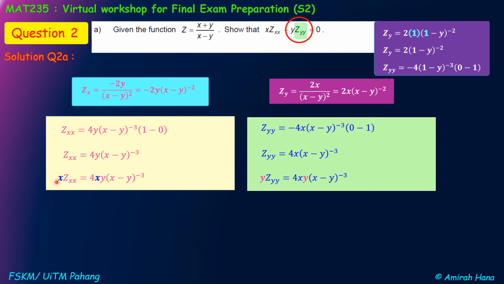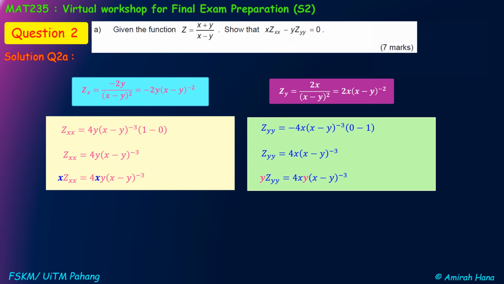So we are done finding xzxx and yzyy, right? Alright, after that, we refer to the given question here: show that xzxx minus yzyy equals to 0. So we use the term from the left-hand side here.